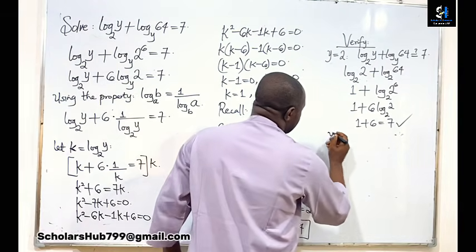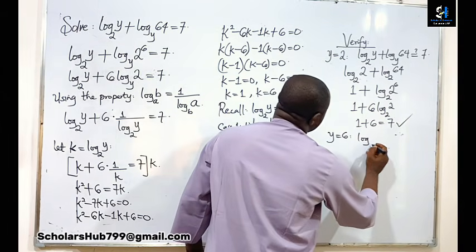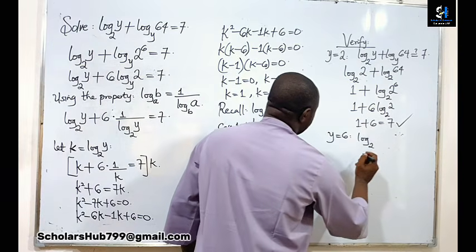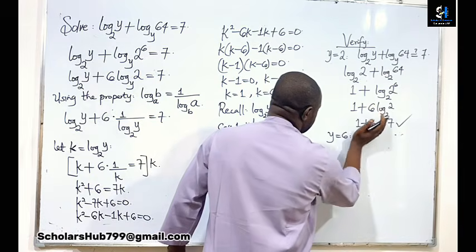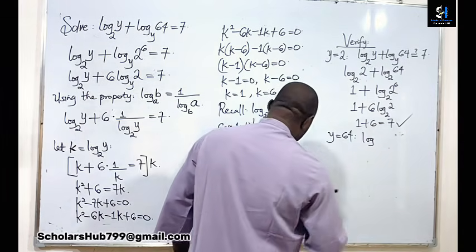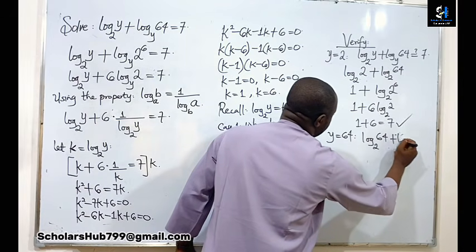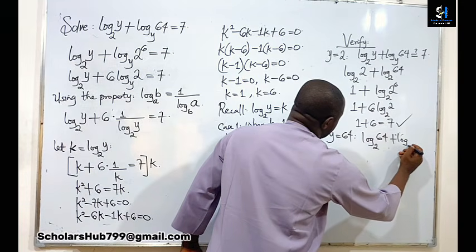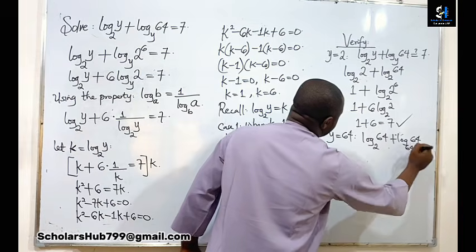Okay, now when y is equal to 64, it means that we're going to have log to base 2 of 64 plus log to base 64 of 64.